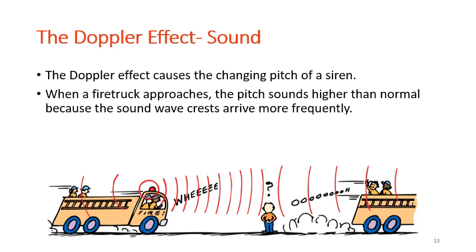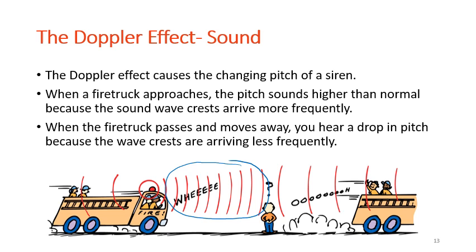If a fire truck approaches towards you, the pitch sounds higher than normal, because the sound wave crests are closer together, and you receive these crests more frequently. That means you will hear a higher frequency when it's approaching. I'm talking about this part of the wave. You can see you have more frequent wave fronts.